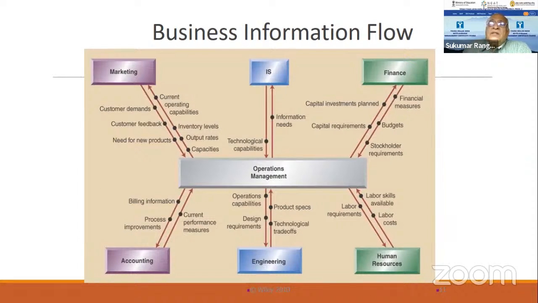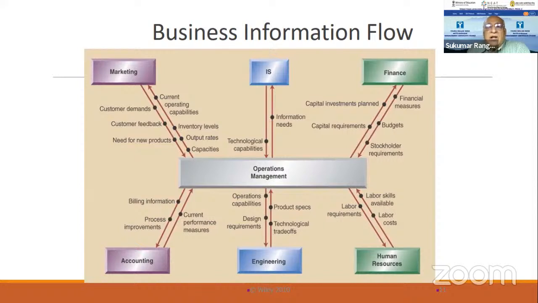Finance obviously has to ensure that the capital investments are properly planned and provided for. The budgets are made, and more important actually is the cash flow. Accounting takes care of everything right from the raw material to getting and processing the monies received from sales.